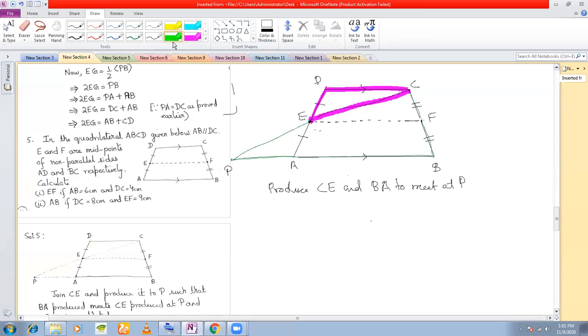This triangle and this triangle. Right? You can prove just as I proved earlier. That is, triangle CED is congruent to triangle PEA. The congruency part I'm not proving because I've already done it.